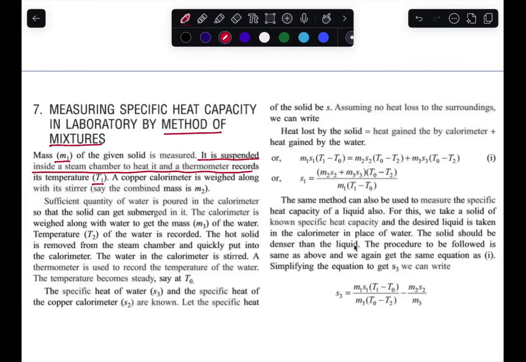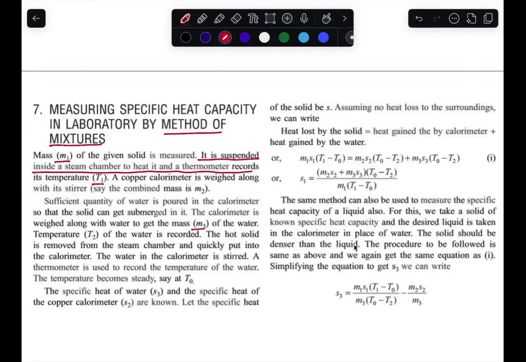You have a copper calorimeter whose weight with the stirrer is M2. Sufficient quantity of water is poured, not more than 2/3, in the calorimeter so that the entire solid gets submerged in it. The calorimeter is weighed along with water to get the mass M3.